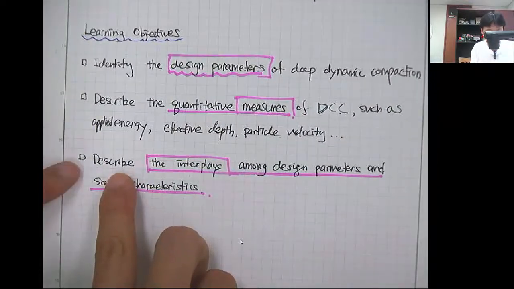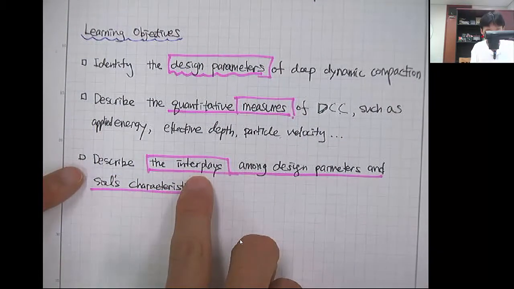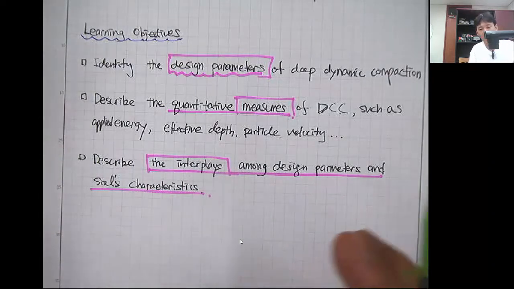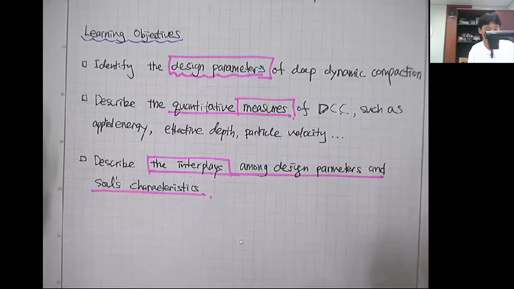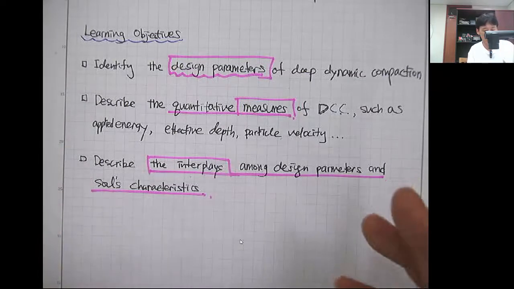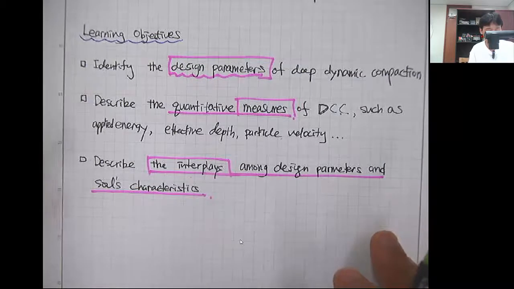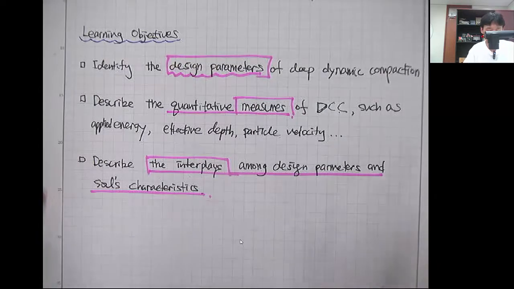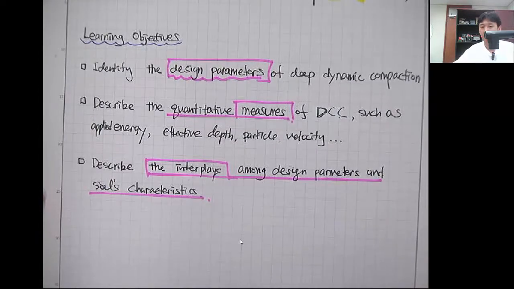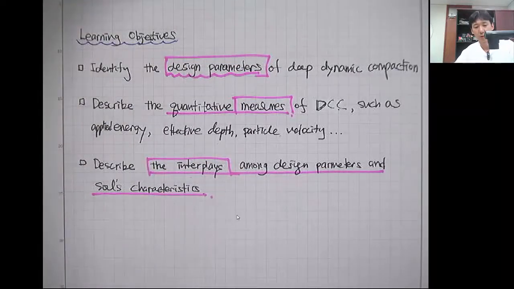And we talked about how the water table affects the effective depth, and the permeability of the soil, whether it's a sandy soil, silty soil, or clay soil. The permeability of the soil affects the effectiveness of the DCC. Okay, that will be the end of this lecture.